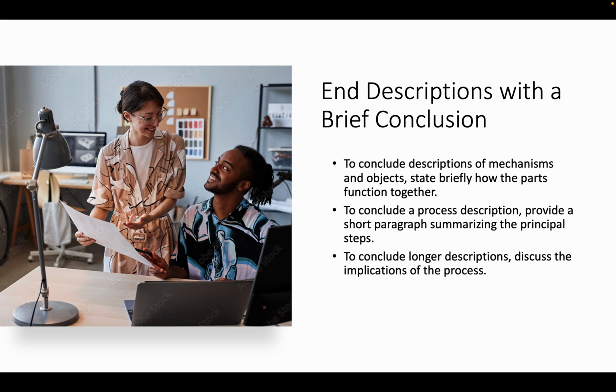For example, after all of these steps have been completed, here is the end result. Any of these are appropriate ways to end a description. You just want to always make sure that you have some kind of conclusion there.